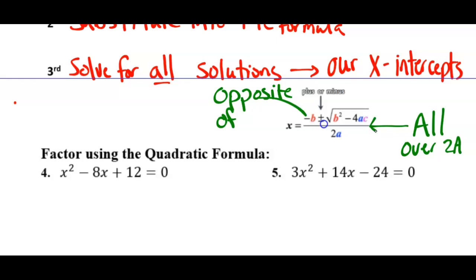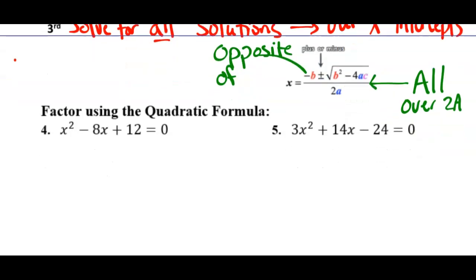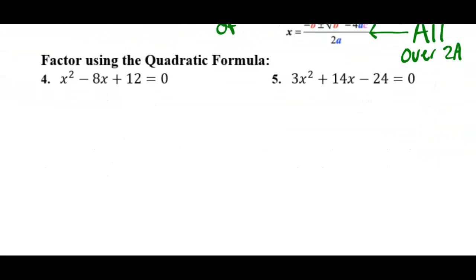All right, now that we've got our terminology taken care of, my first step, identify my A, my B, and my C. A equals what? B equals what? C equals what?